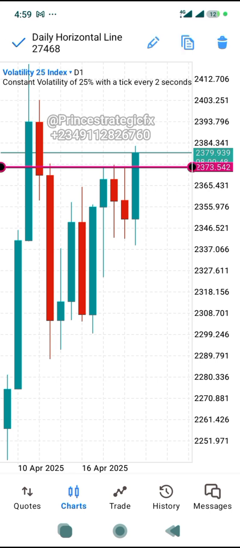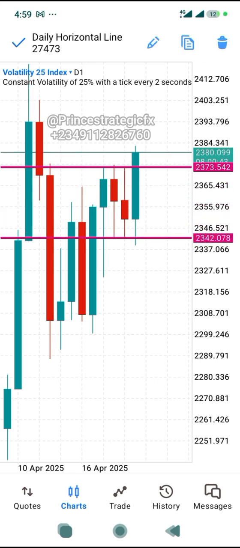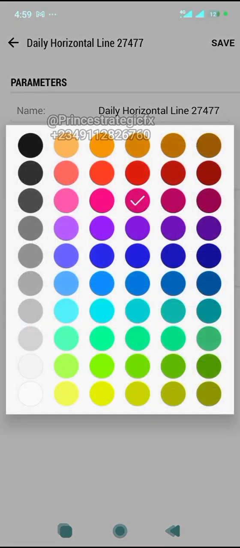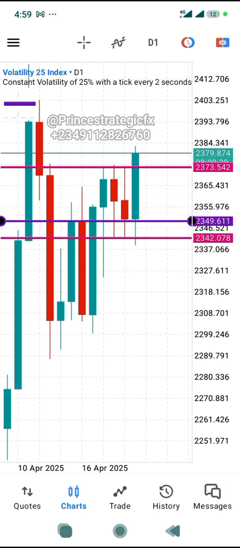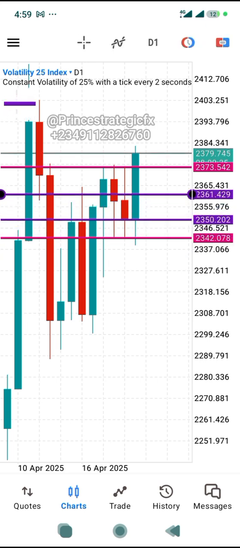So all I need to do is mark out that particular high and low. Mark out that line, that high, mark out the low, then duplicate this, change the color. Let's say we are going with a darker purple. Now pick the open, duplicate it, and also pick the close. Good.